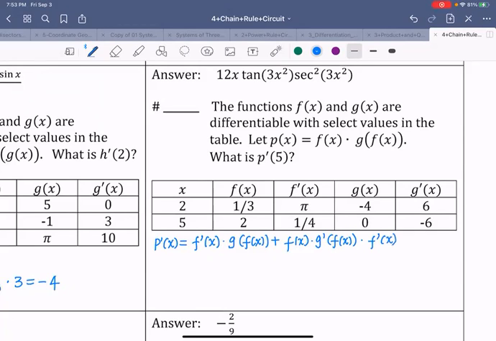All right. Now we are going to do this guy at phi. Who is f of phi? 1/4. Oh wait, f of phi is 2.